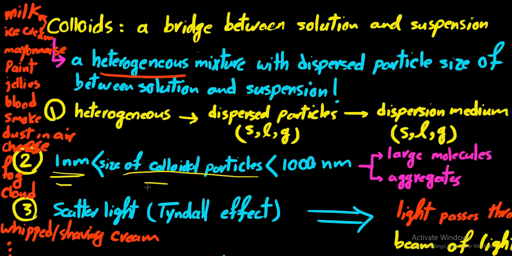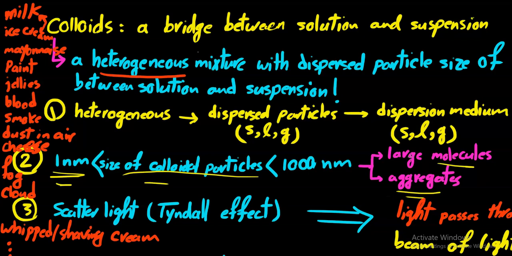So colloids are large molecules or aggregates. For example, when we have some big proteins in water, proteins are made of amino acids, and amino acids are made of atoms or molecules.